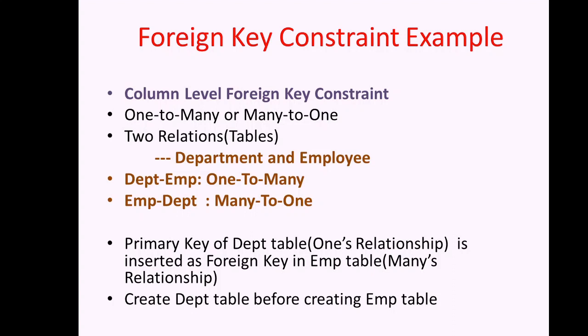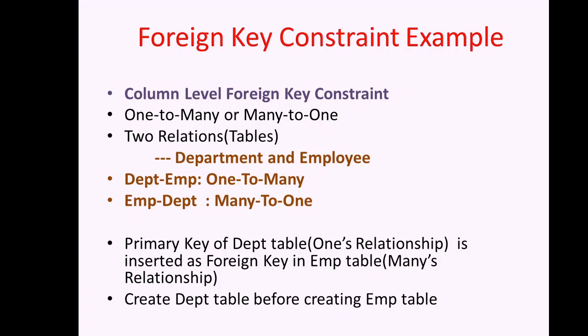We can see that there is a one to many relationship from department to employee, which means one department can have many employees. Or we can say that there is a many to one mapping cardinality from employee to department, that is, many employees belong to one department.